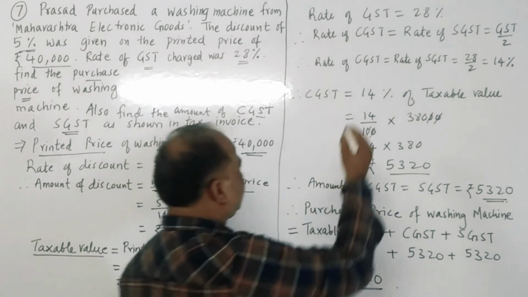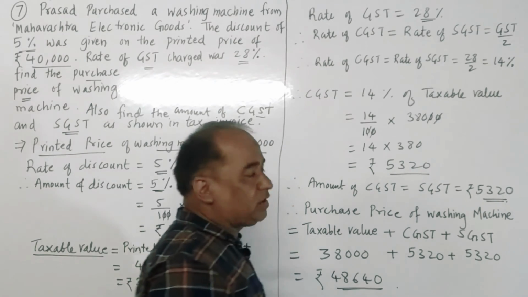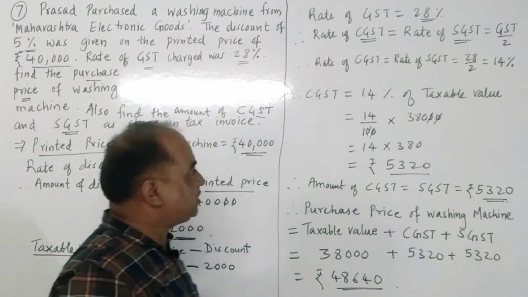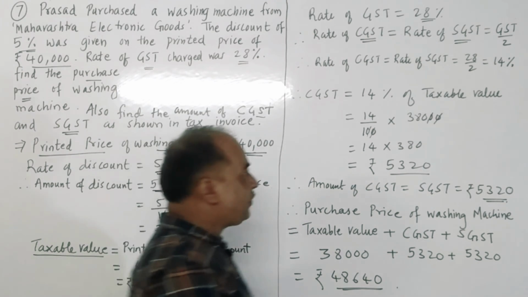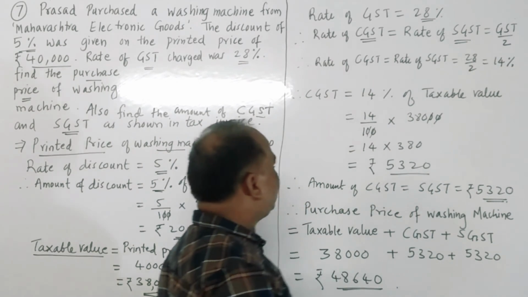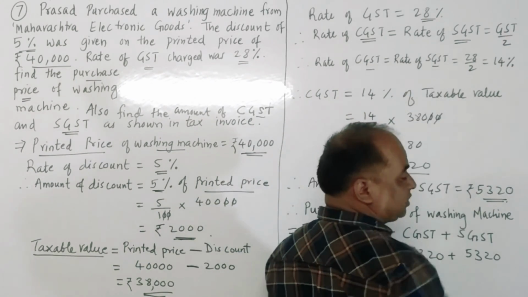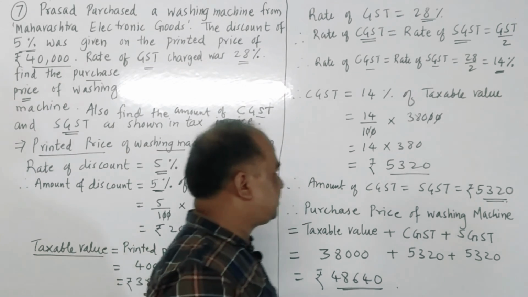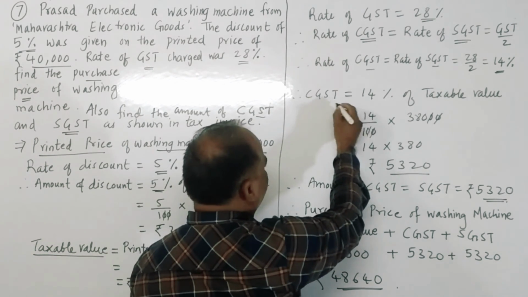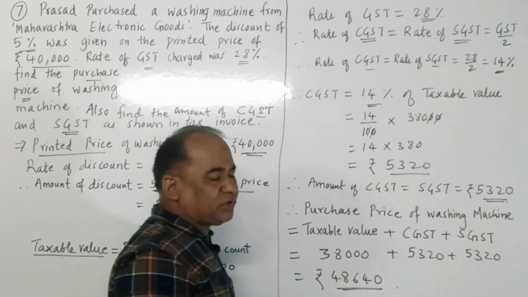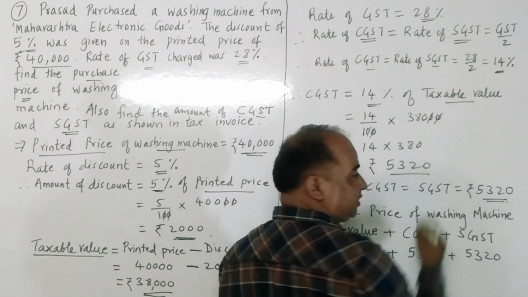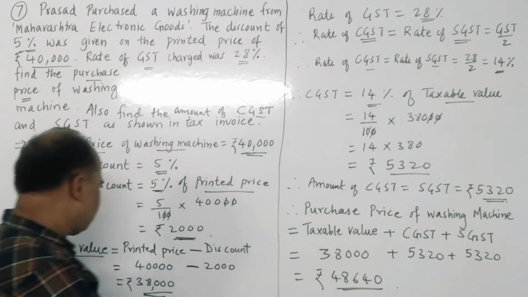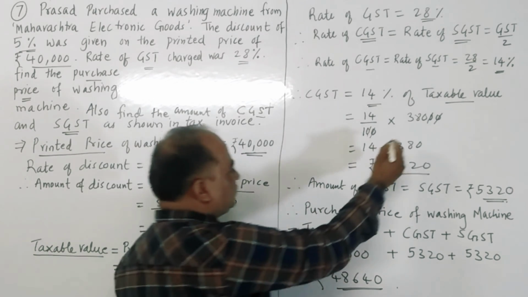Now the rate of GST of the washing machine is 28%. So the rate of CGST, Central Goods and Service Tax, and the rate of SGST, State Goods and Service Tax, is half of the GST, GST divided by 2. Therefore, the rate of CGST is equal to the rate of SGST, that is 28 upon 2, which is equal to 14%. Now CGST is 14% of taxable value, that is 14 upon 100 into 38,000.